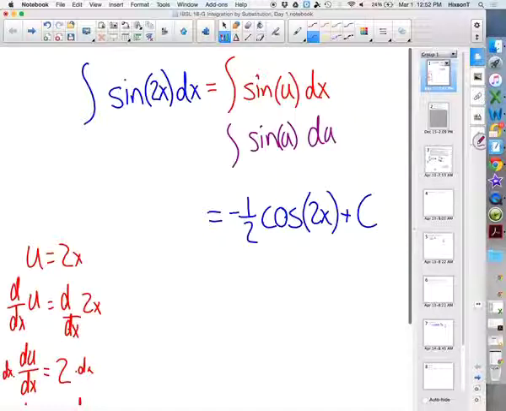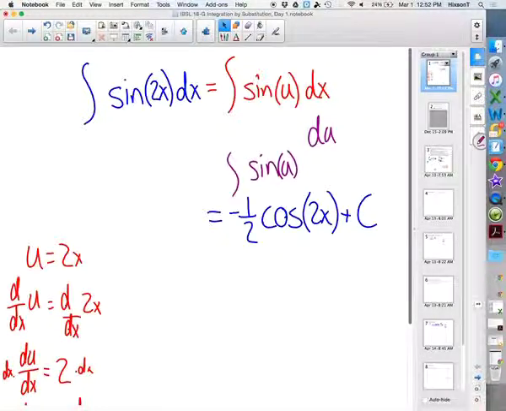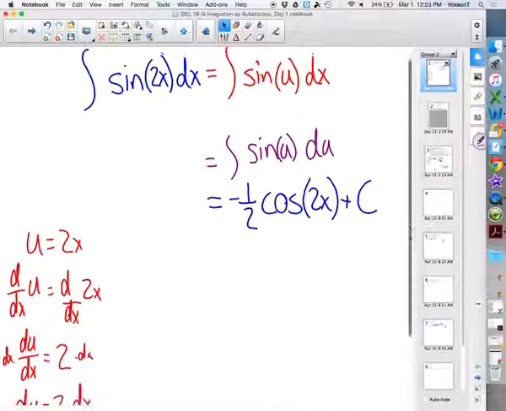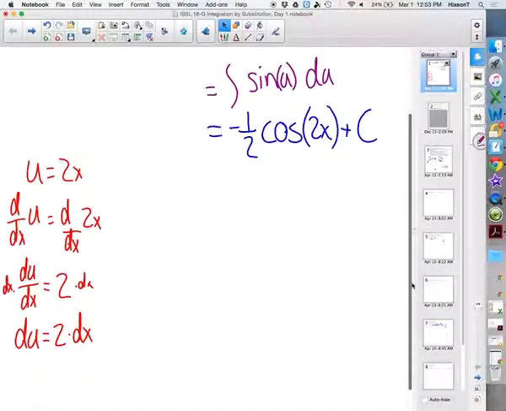So, this is where we can tie together a little bit of what we did before when we were told, hey, consider the integral of this, or the derivative of this, and find the integral of this. We were kind of doing some of this in a very informal way. But I want you to think here, I don't have a du, I have a dx. But what do I know about du? Du equals 2 times dx, right?